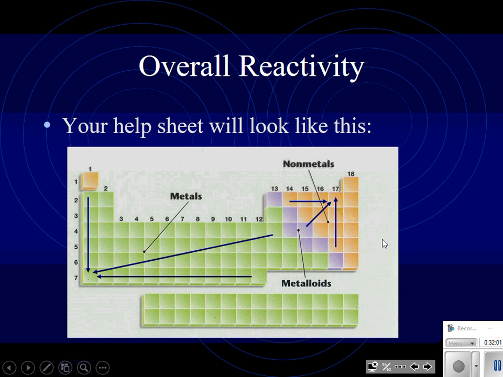So nonmetals are going to look like that in terms of reactivity. And once again, how reactive are the noble gases? Not. They don't want a piece of it. They're already happy. They have a full outermost shell.